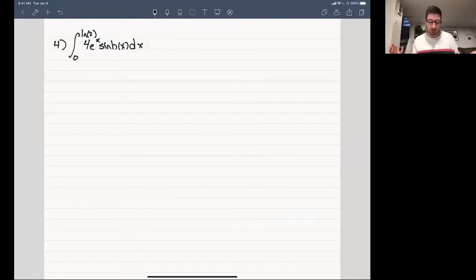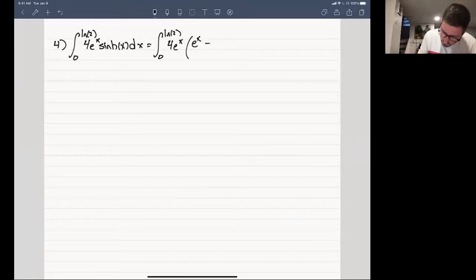I don't have to do anything fancy here. So in fact, this can be written as this. And now I've got everything in terms of exponentials, nothing fancy.